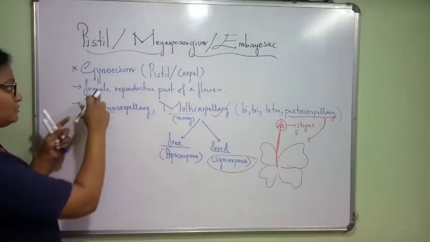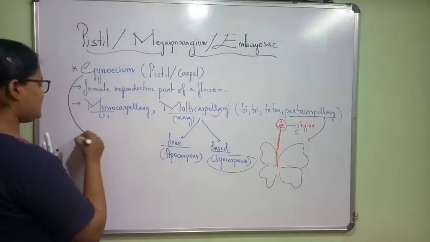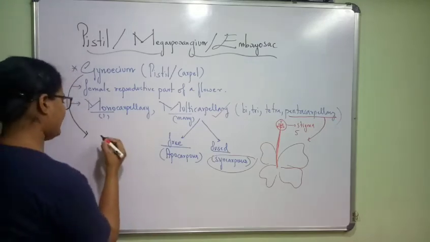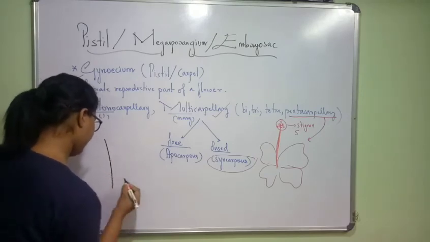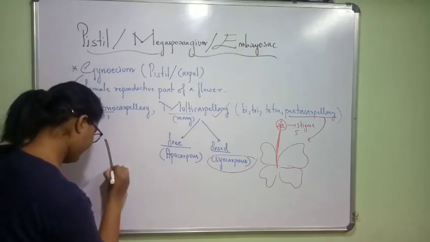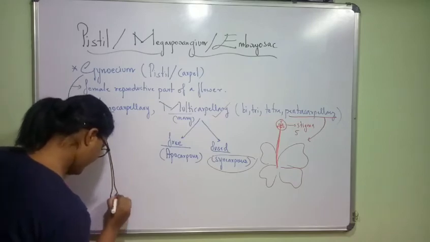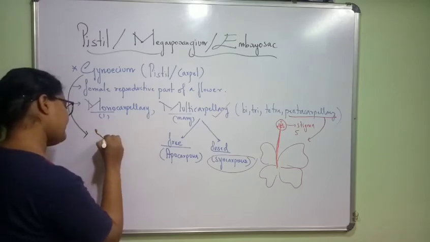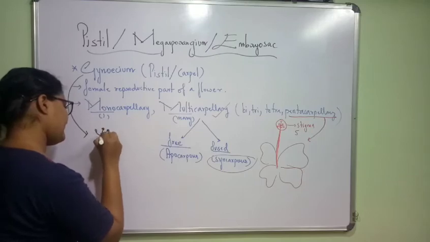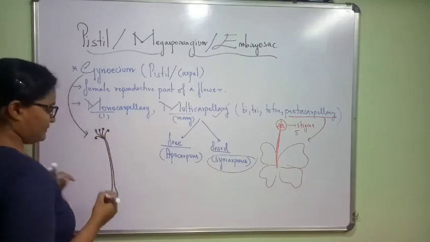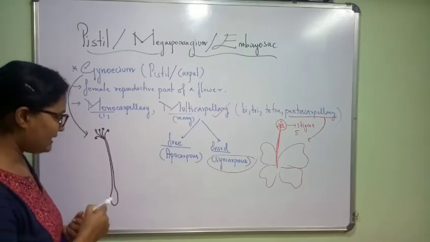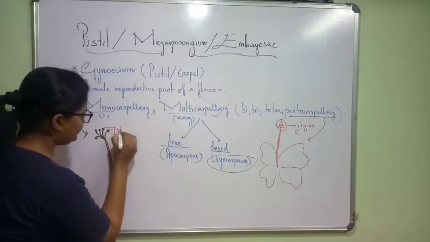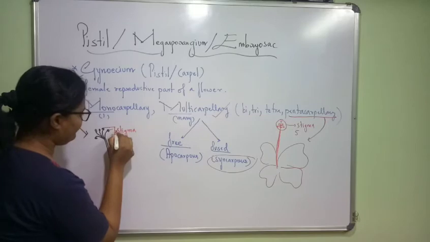And always the gynoecium, or the female reproductive part of a flower, is made up of 3 different sections. I'll draw the hibiscus gynoecium only, which consists of 3 parts. This part is called the stigma.